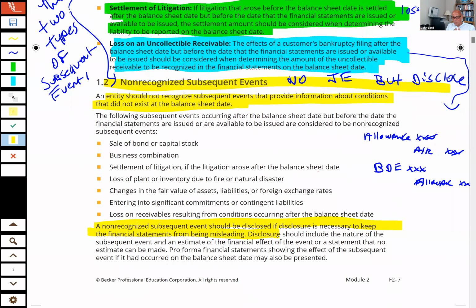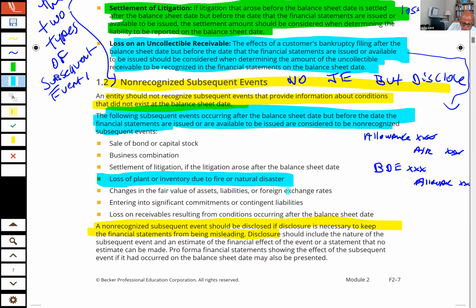Anything that's asking about a subsequent event, disclosure is going to be part of that right answer, isn't it? Okay, good. Now they give us some examples of subsequent events that occur after the balance sheet date, but would probably be disclosed. For example, loss of plant or inventory because of a fire or natural disaster. Everything was fine at December 31st, and then a hurricane came and wiped out our facilities.